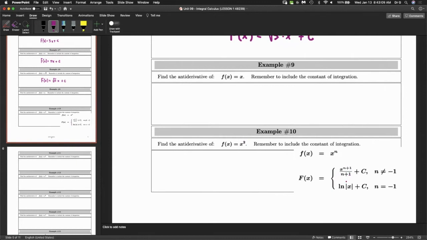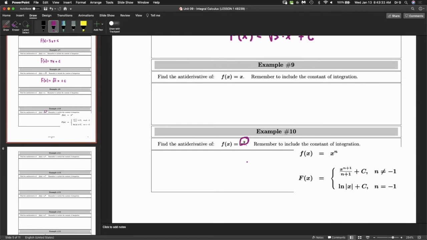That is a function that is defined in two parts, depending on what the exponent is. If the exponent is -1, then you do this. And if the exponent is not -1, which is the vast majority of the time, then you do this.